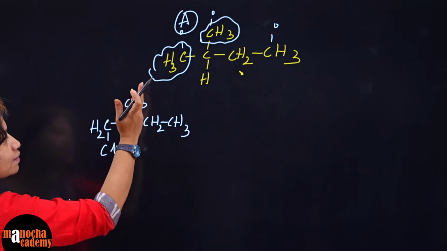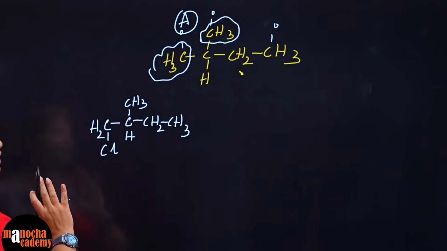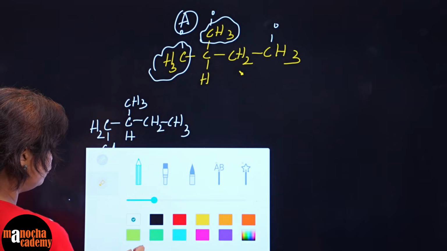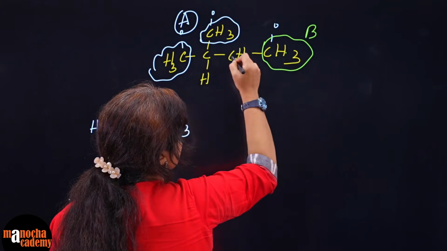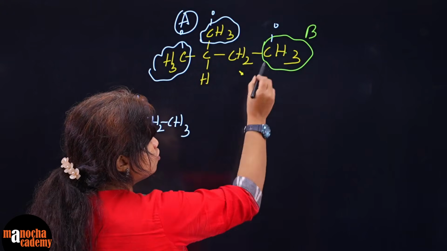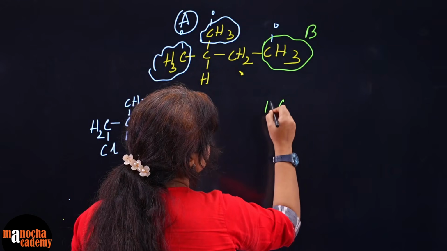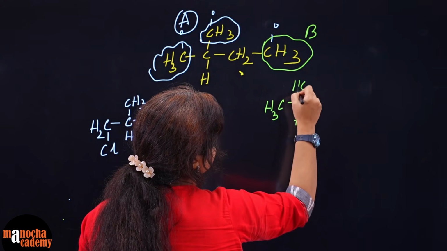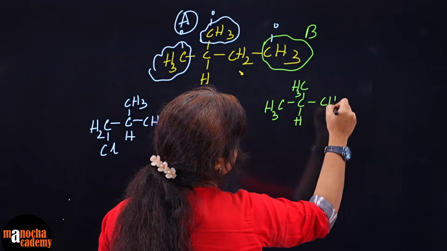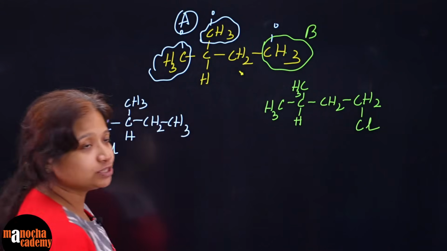Same thing if you substitute one hydrogen from here, the same product you are going to get. Now, that is the A variety. Next I move to the B variety. See, this is different from this. So from this, the monohalo product I am going to get is CH3, C hydrogen, CH3, CH2 and here CH2Cl. I get this product.